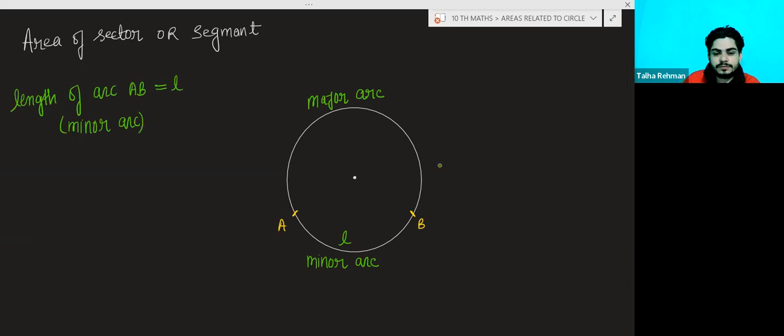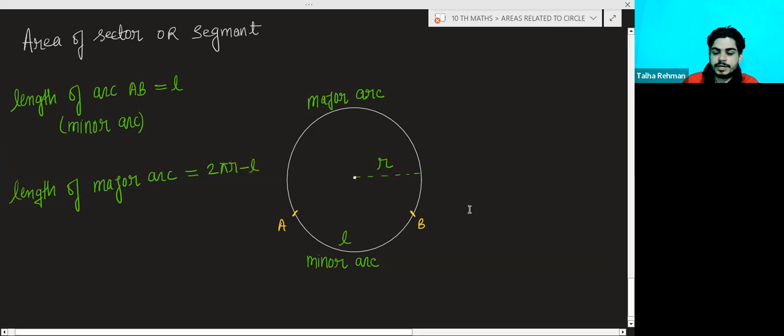If r is the radius of the circle, then the length of the major arc is equal to 2 pi r minus L. Why 2 pi r? Because 2 pi r is the length of the whole circle. And when you subtract this length from the whole length, you will get the length of the major arc.